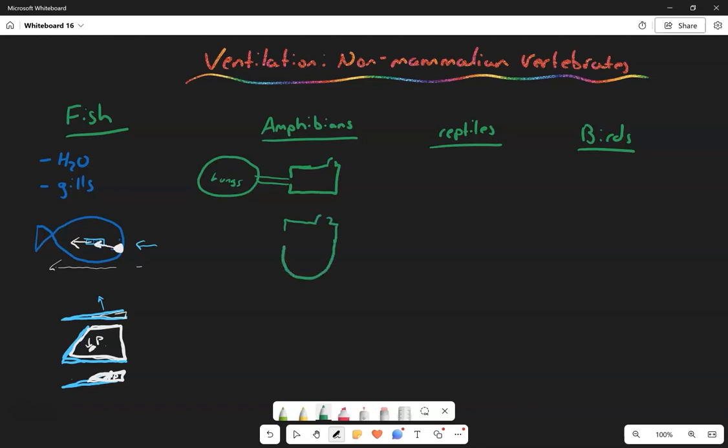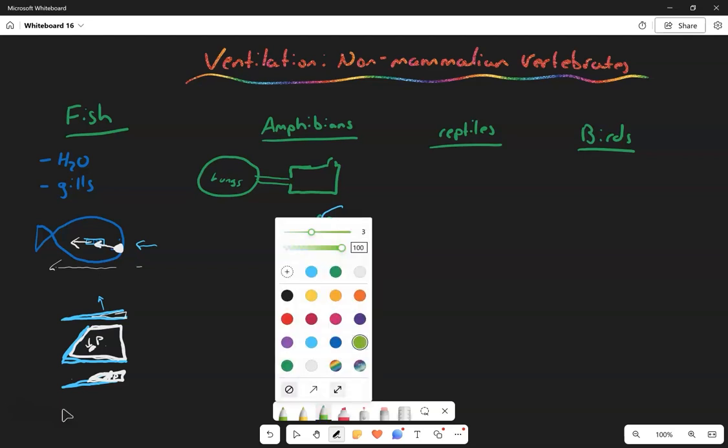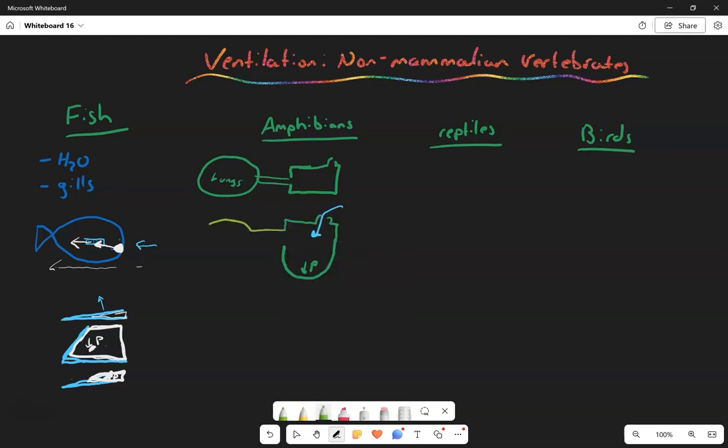Now, the first thing that's going to happen is that while these nares are open, the gular floor, or the buccal floor, is going to lower, and when that does, that lowers the pressure inside of the buccal cavity, so air is going to rush in. And then here we're connected to our lungs again.